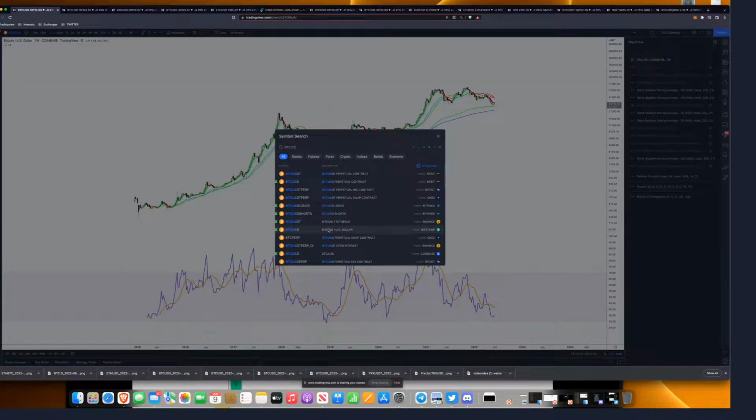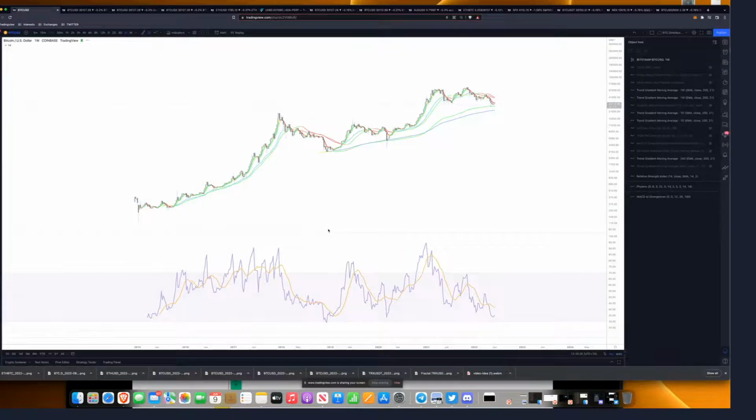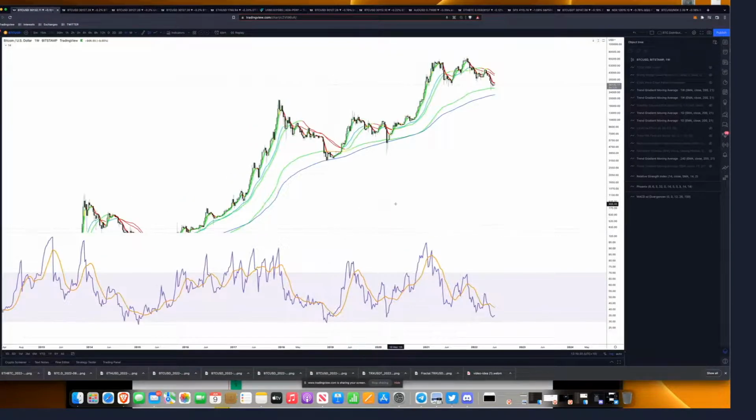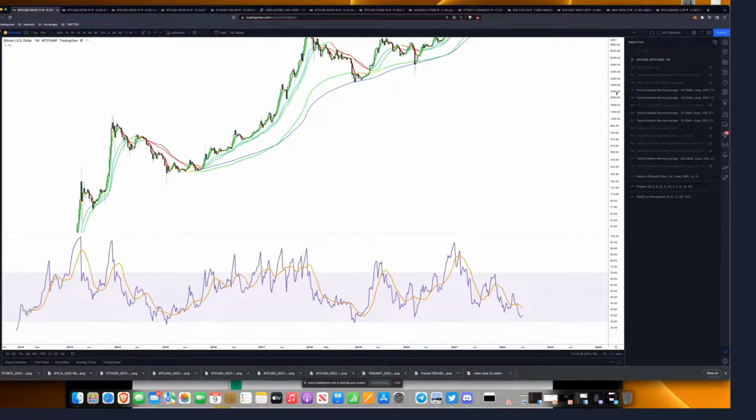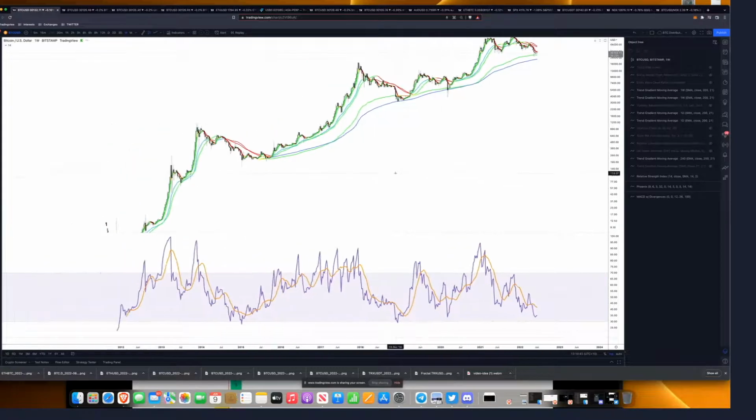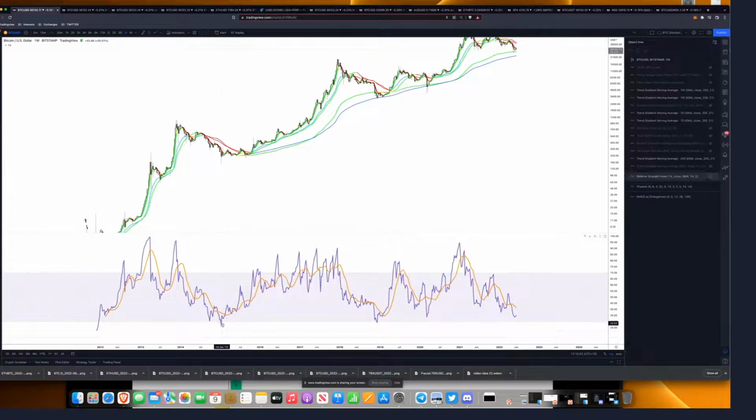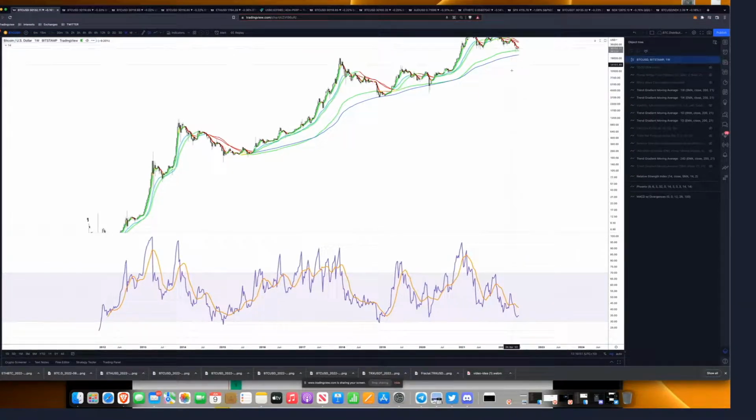Give me a sec. Will be Binance, a Bitstamp. Yeah, Bitstamp's a bit better. And you can see Bitstamp, the bottom of that weekly RSI was down there. So in two occasions, we had it all the way down with capitulation. We didn't have our capitulation yet.